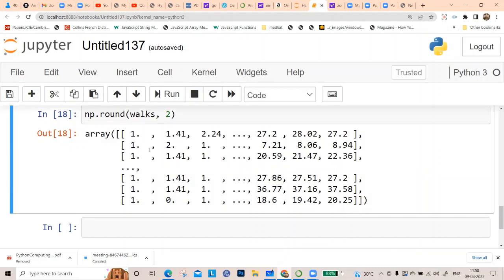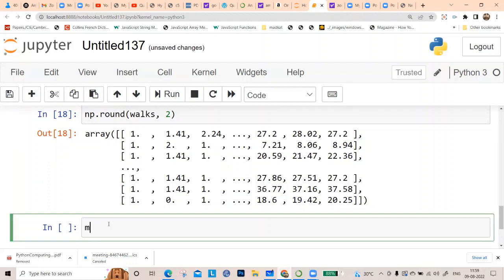That means I want to take the mean of the first column, mean of the second column, mean of the third column, and so on, over all the different columns. And in Python NumPy, this is very easy.